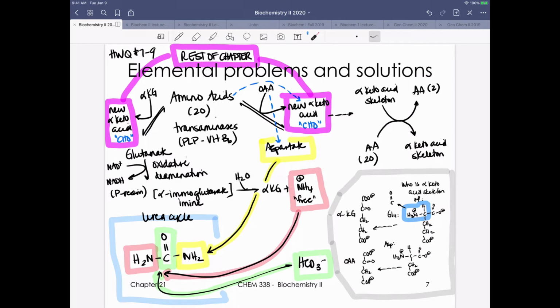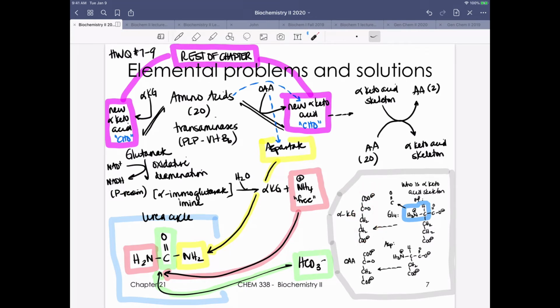So what happens is this alpha carbon, which was attached to this nitrogen, is swapped out for the alpha carbon that's now a carbonyl. Just look at what we have here. If we've got these 5 carbon atoms, and we swap this out, not for a carbon-nitrogen bond but for a carbon-oxygen bond, we get alpha ketoglutarate.